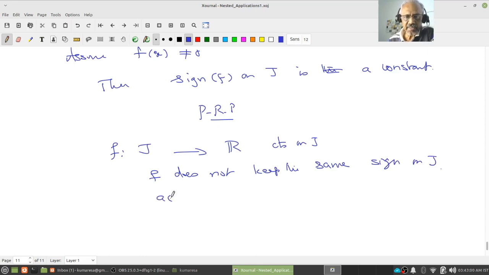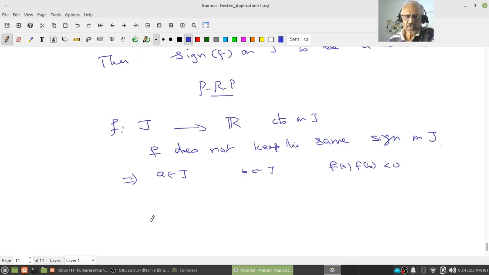That means there exist a in J and b in J so that the sign of f(a) and the sign of f(b) are opposite, one is positive, one is negative. Maybe f(a) is positive, f(b) is negative, or f(a) is negative and f(b) is positive. If it does not keep the same sign, this is what it means.